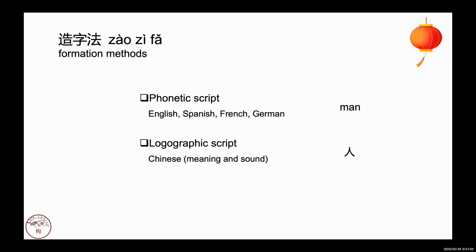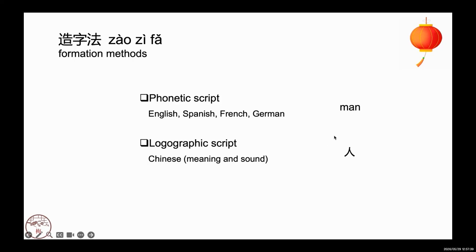First, let me compare the other languages with the Chinese language. As we all know, for example, English, Spanish, French, German, they all originate from the Latin language, and they belong to phonetic script, which means from the word itself, we immediately know how it is pronounced.